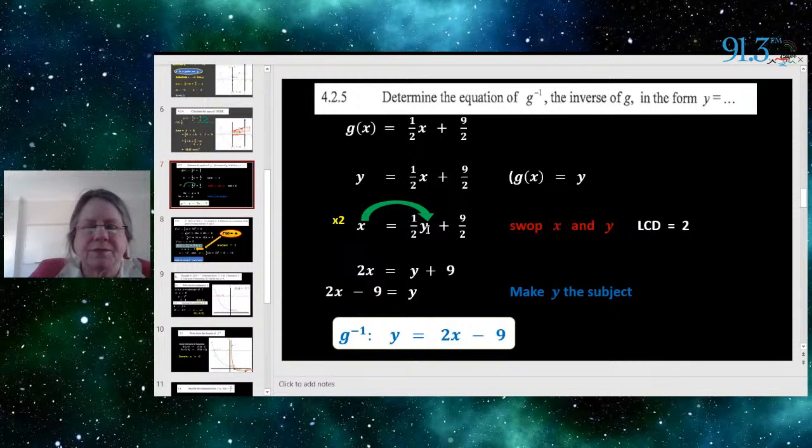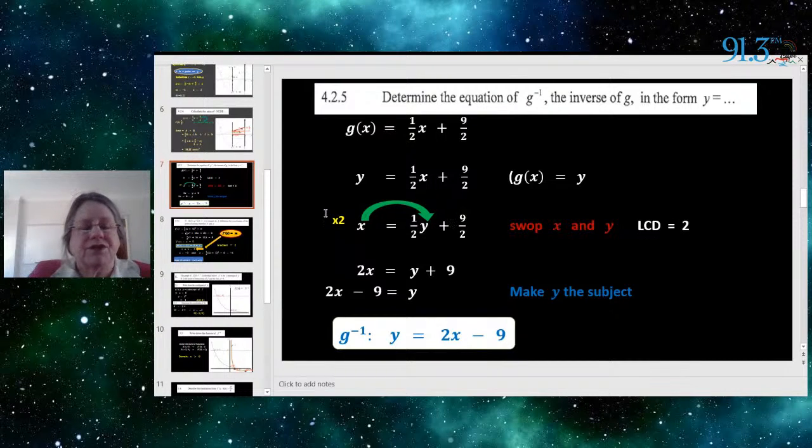Now, a simple algebraic way to do that is to use the LCD because we hate fractions. So we get rid of the fractions first. So the LCD, lowest common denominator, equals 2. So we will multiply by 2, multiply by 2, multiply by 2.